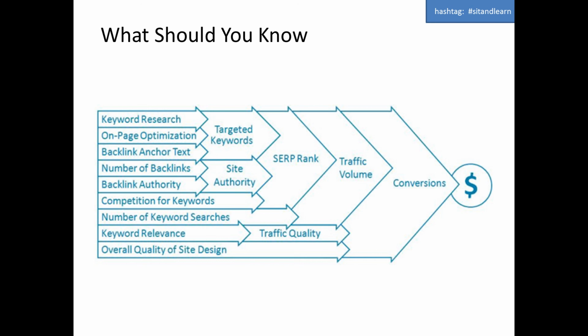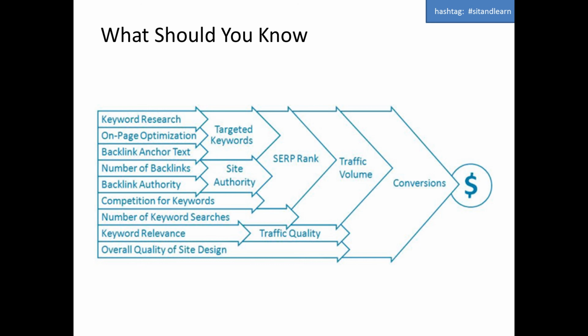So what you see here is a breakdown of importance when it comes to the individual pieces of what search engines provide. I'm just going to read it left to right. The keywords, the on-page optimization, and the backlink anchor text help you with the targeted keywords. The site authority is the number of backlinks, the backlink authority. Where are you with sites that are linking back to you?